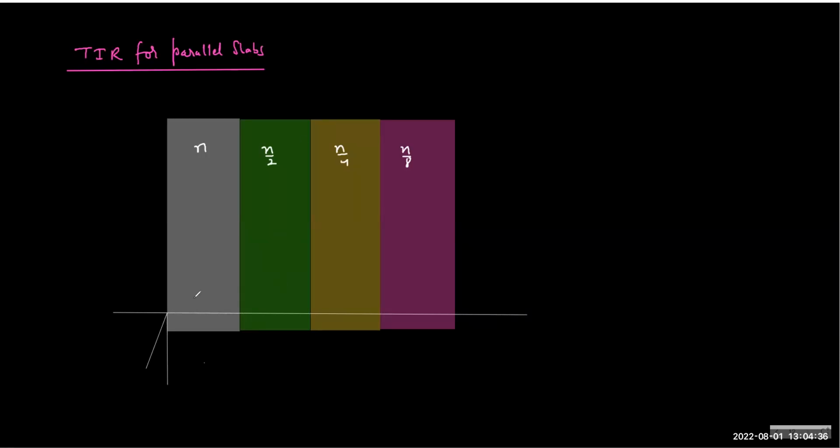First of all, tell me, is the angle of incidence this angle or this angle, the small or the big angle? For this slab, the angle of incidence is the small one, right? So how do we draw the normal?